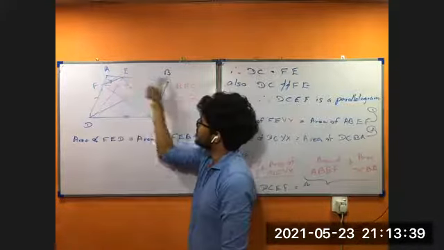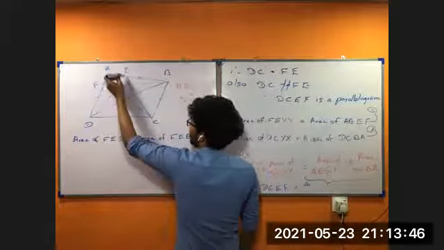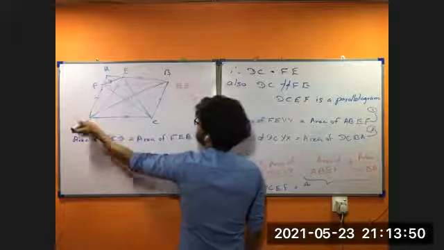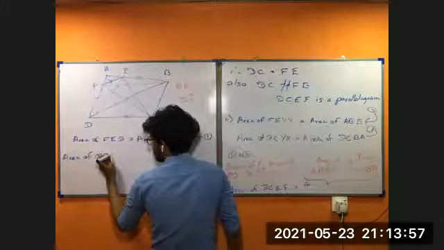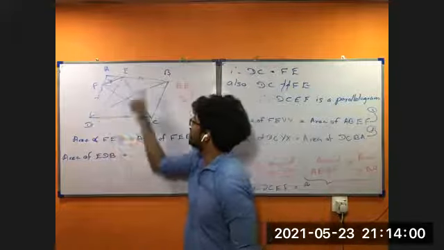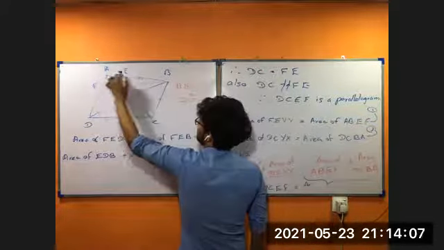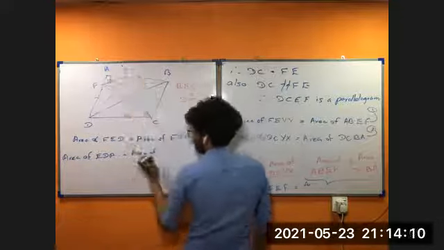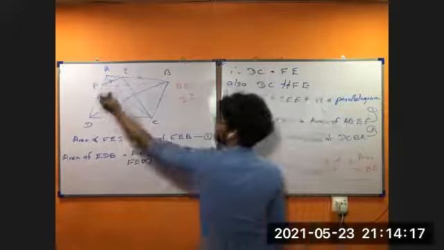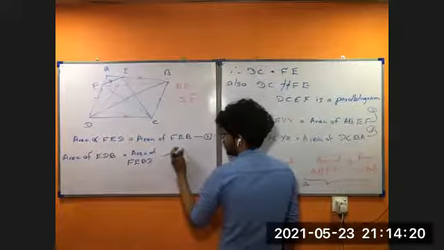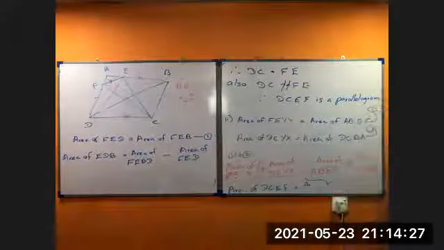So I can write area of EDB triangle is equal to area of this trapezium FEBD minus area of FED. Is it clear what I did here?